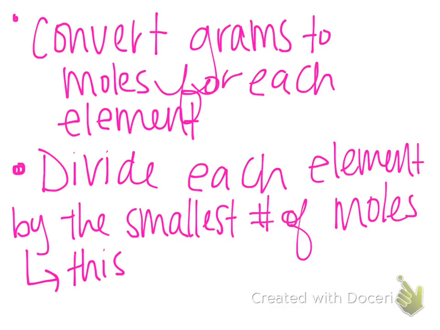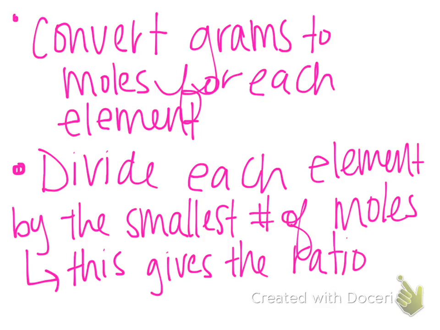What this does is give us the ratio of elements to elements. We should usually come out with whole numbers when we do that division. We'll show what happens if it doesn't come out a whole number. But what this step does is give us the ratio of elements.